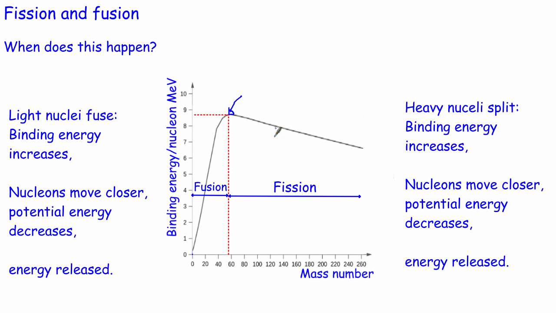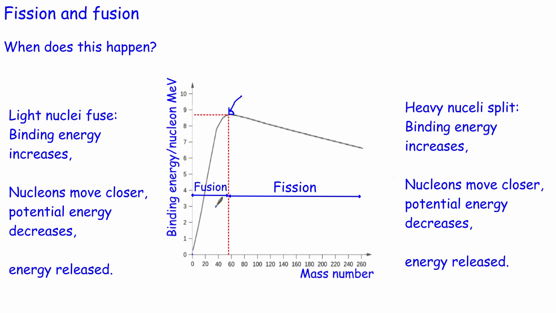What you can't do is get energy out from nuclei by fusing two really big things together, because if you fuse two big things together, then actually the binding energy will decrease, which means that essentially the nucleons would have to have moved apart, which means that we would have had to put some energy in to do that. So you can only release energy through fusion between these two points here.